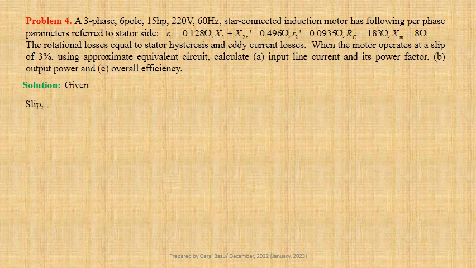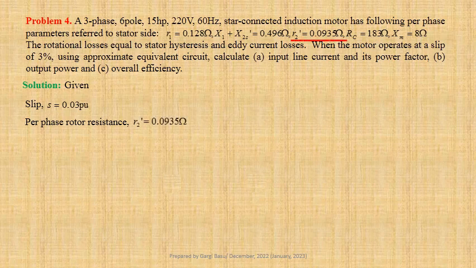Given slip S equals 0.03 per unit and per phase rotor resistance referred to stator side R2 dash equals 0.0935 ohm. We have determined rotor current per phase referred to stator side I2 dash equals 38.6912 ampere.